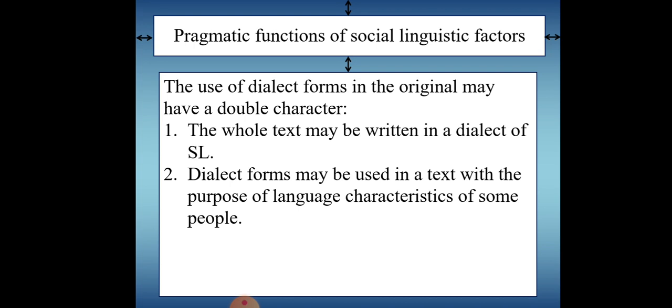In this case, a dialect is presented as a way of communication used by the source. The translation of it will be carried out like from any other national language. On the other hand, dialect forms may be used in a text with the purpose of language characteristics of some people. In this case, the reproduction of dialect peculiarities is not used as they don't carry out their identification function.